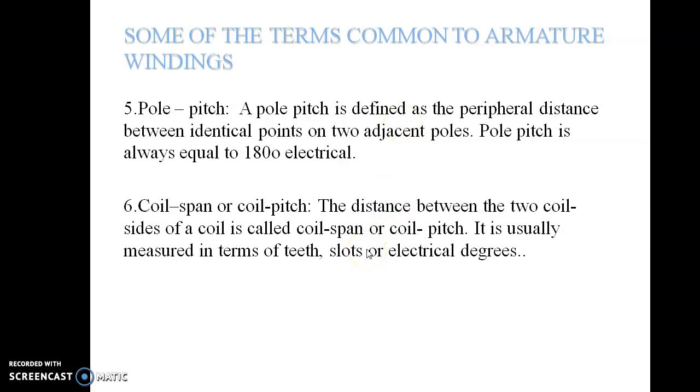Distance between two coil sides is called coil pitch. It is usually measured in terms of teeth, slots or electrical degrees. We can say either in number of teeth, or in number of slots, or simply in electrical degrees.